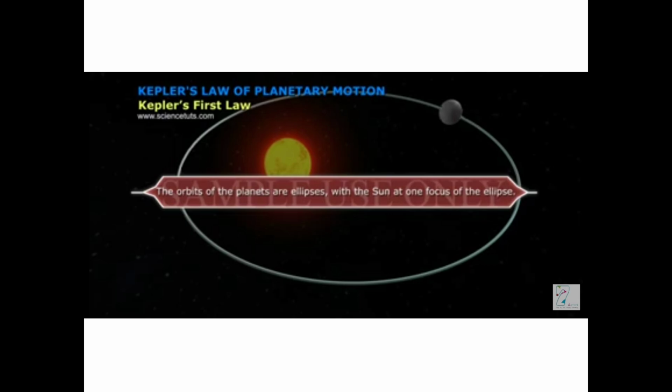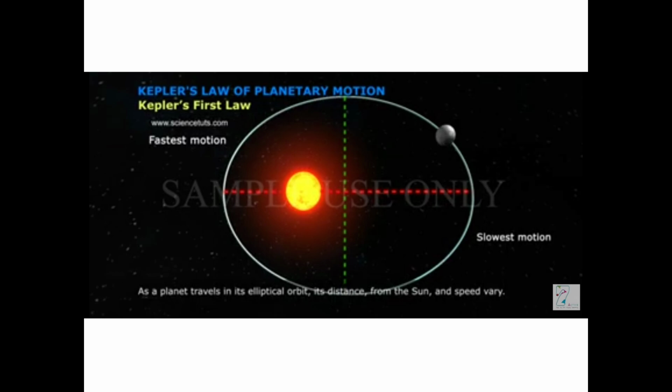The point at which the planet is closest to the Sun is known as perihelion, and the point at which the planet is farthest from the Sun is known as aphelion. It is a characteristic of an ellipse that the sum of the distances of any planet from the two foci is constant.